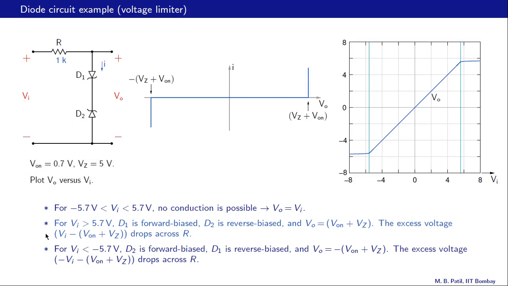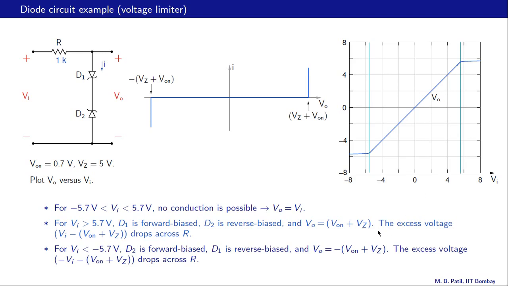Point number 2, for Vi greater than 5.7 volts, D1 is forward biased, D2 is reverse biased. The current flows like that, and the output voltage is V on plus Vz, that is 5.7 volts, as shown over here, and of course it is constant.